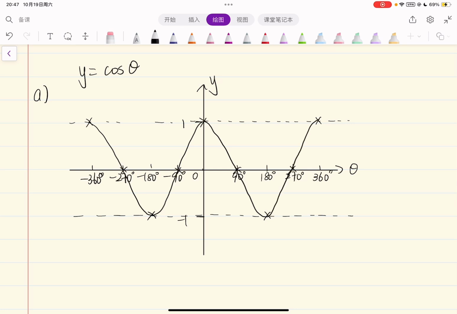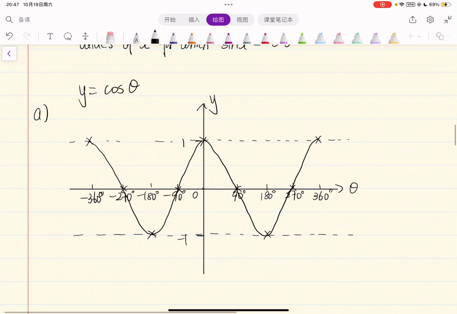So here is the curve, y equals cosine theta, and theta is between negative 360 degrees and 360 degrees.